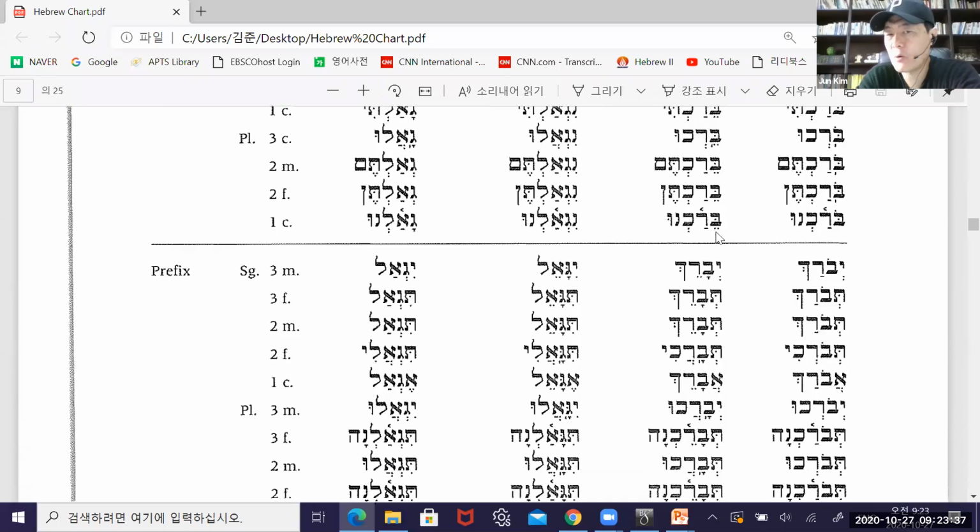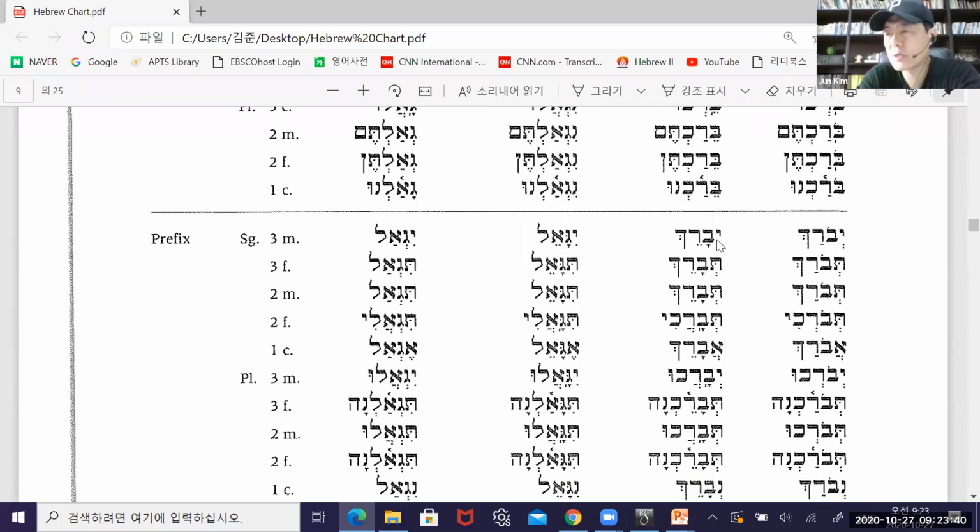What about the prefix form? It of course must come with a prefix pronoun: yod, tav, tav, tav, aleph, those things. But the most important indicator is kamets under the first root letter. But if you think whenever you have kamets under the first root letter it must be PS stem, then you may be in trouble.